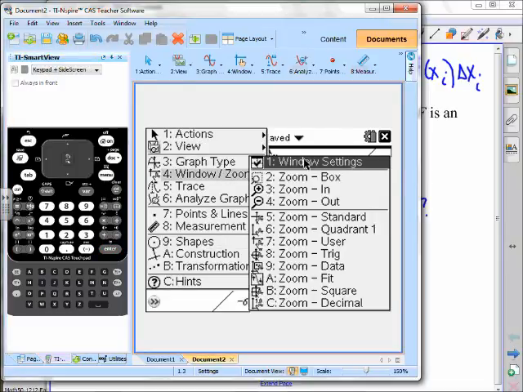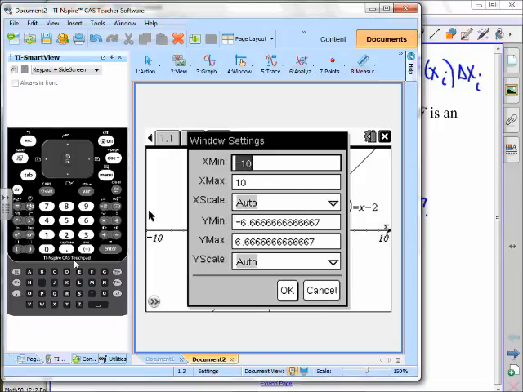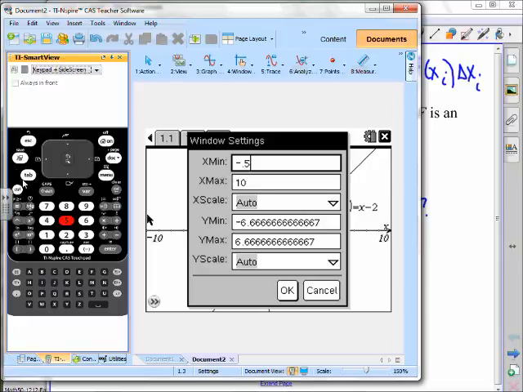And if I want to go from negative 1 to 0, I'm going to go negative 1/2 to 1/2, and I can scale by 1. Yeah, negative 1/2 to 1/2.